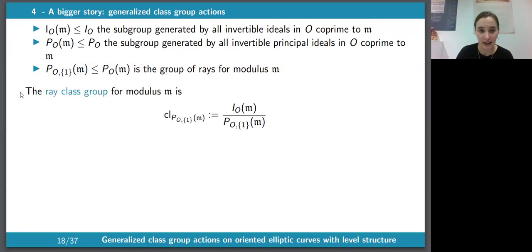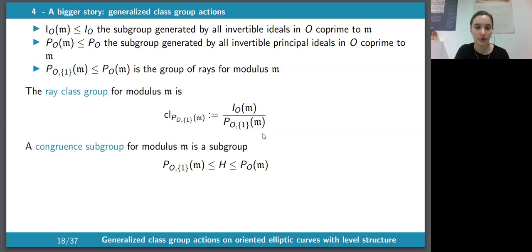Now we define the ray class group for modulus M as the quotient of our subgroup of invertible ideals of O coprime to M over the group of rays for modulus M. We can do something a little bit more general than this.